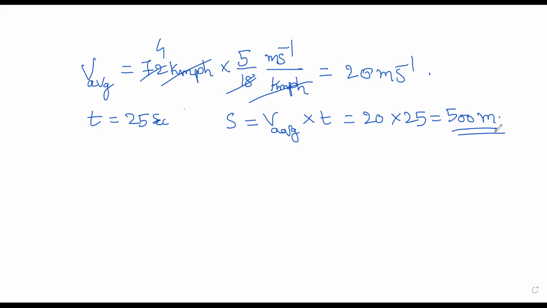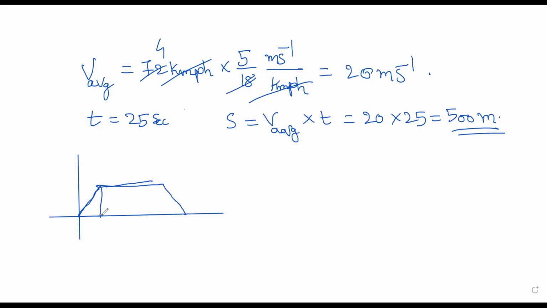Now we have to understand the problem further. When you see this curve, I will redraw it. In this, we had to work out the areas. So it is like this, and like this.